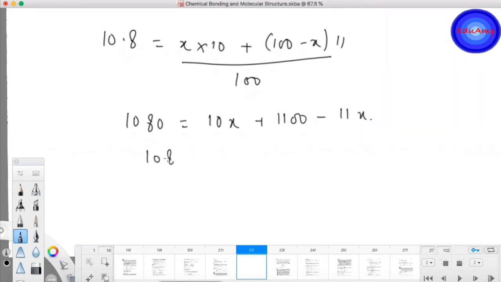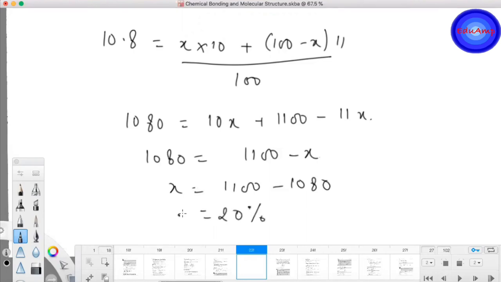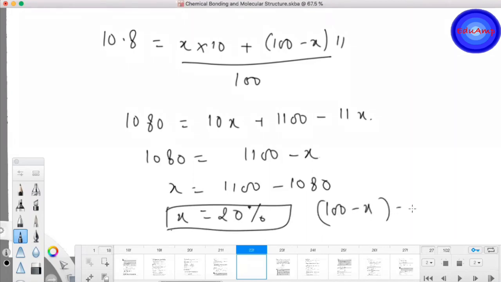So 1080 is equal to 1100 minus x, or x is equal to 1100 minus 1080, that is 20. So x is 20%. Therefore 100 minus x will be 80%. B10 is 20%, whereas B11 comes to be 80%. I hope everybody is getting this question.